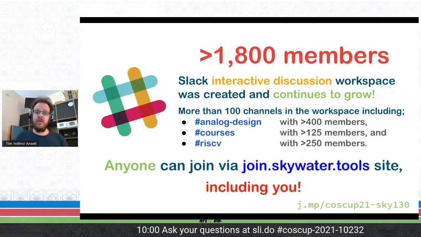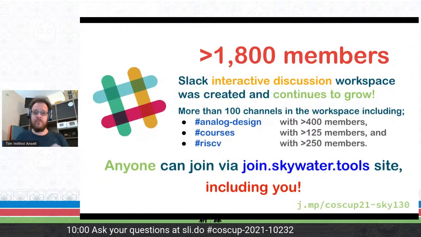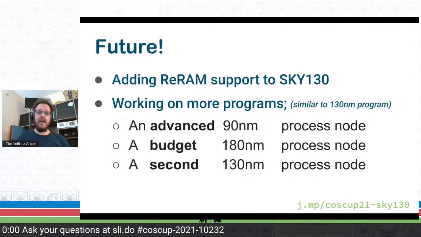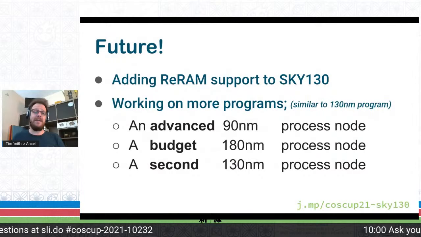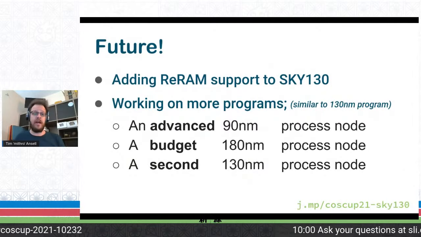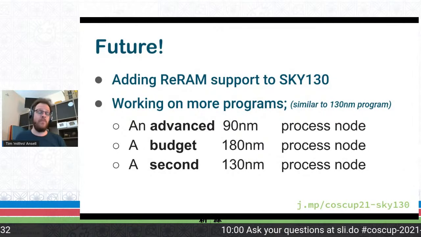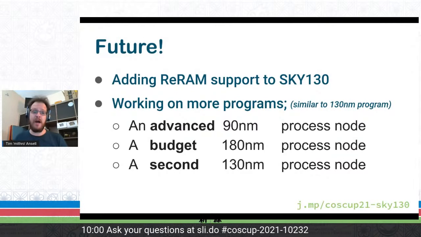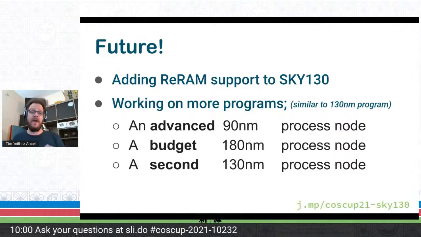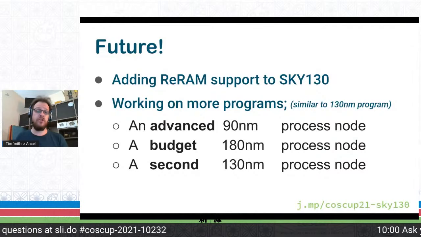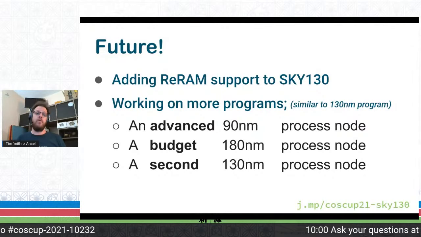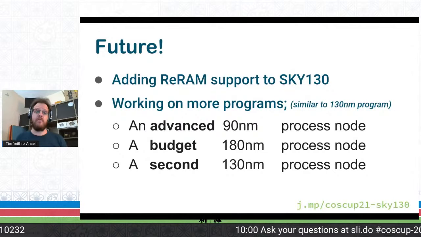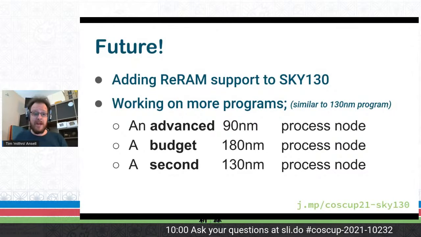And to give you a little tidbit about what I'm planning in the future is, as I said, we're looking at adding cool technologies like ReRAM to the Sky 130 program. We really want to get people these new technologies that are yet to have a lot of use so people can explore. We're looking at adding programs around an advanced 90 nanometer node.